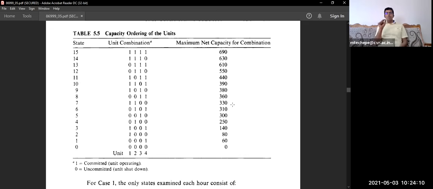Who will go and calculate this manually? The unique combinations are many.